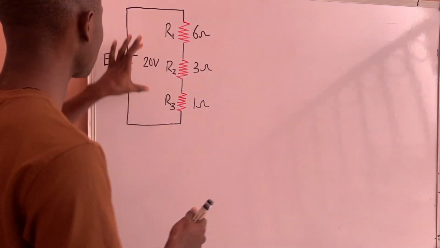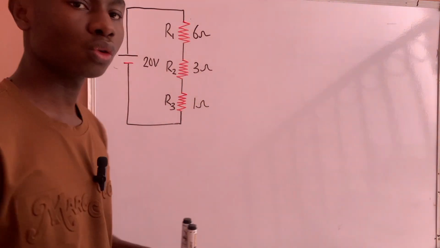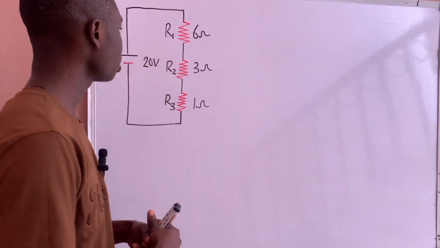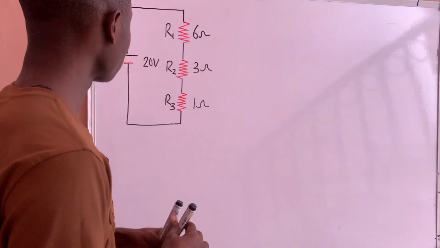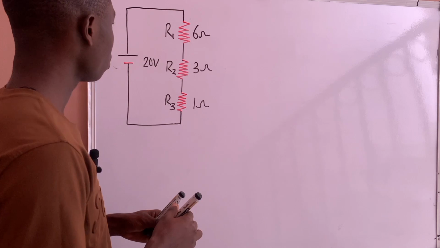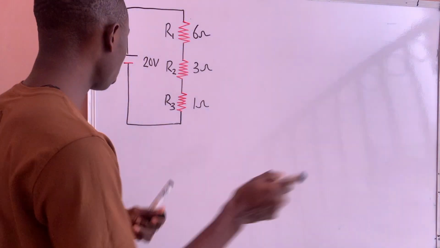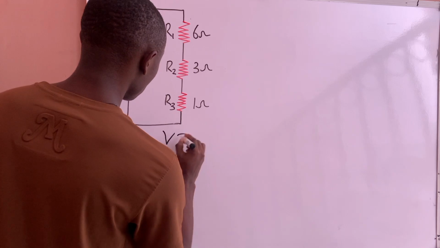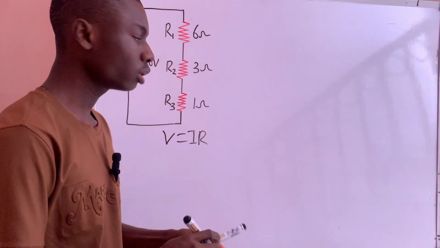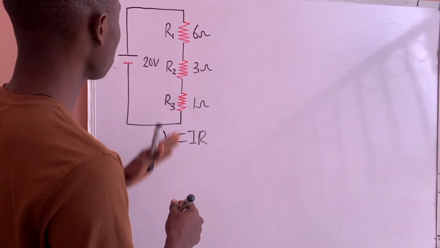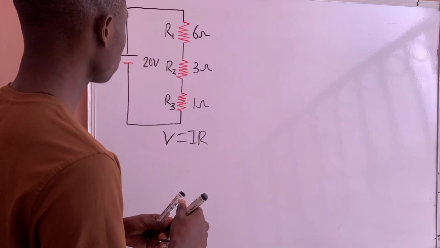Assuming we are given this problem and asked to find the voltage drop across the resistive elements in the circuit, what are we going to do? First of all, we know from Ohm's law that V is equal to IR.